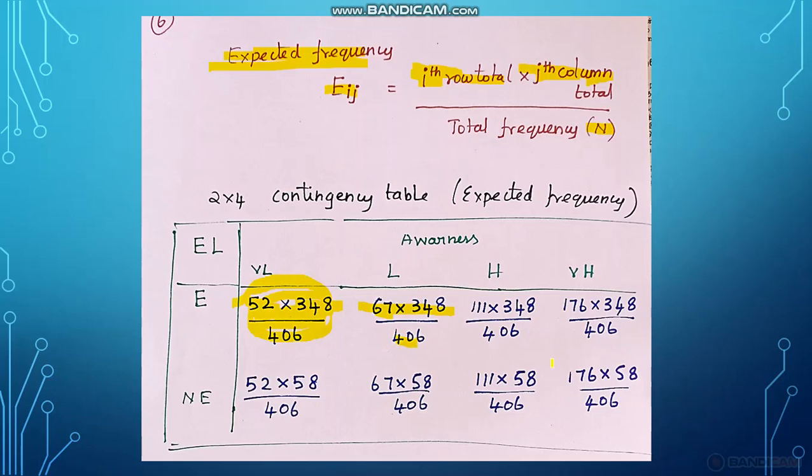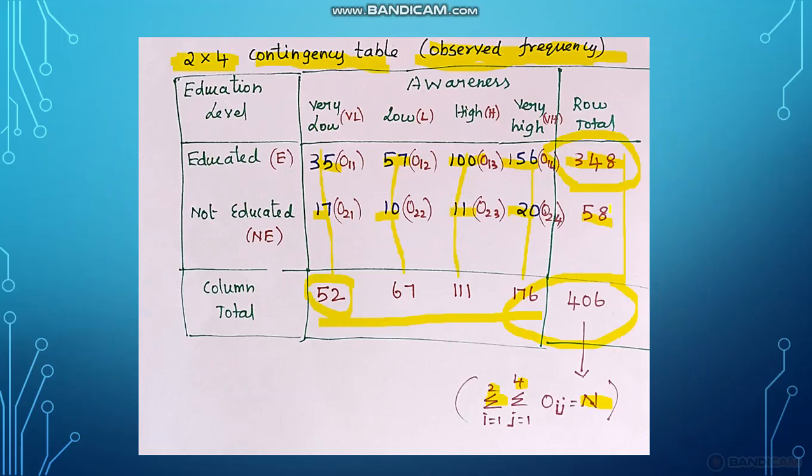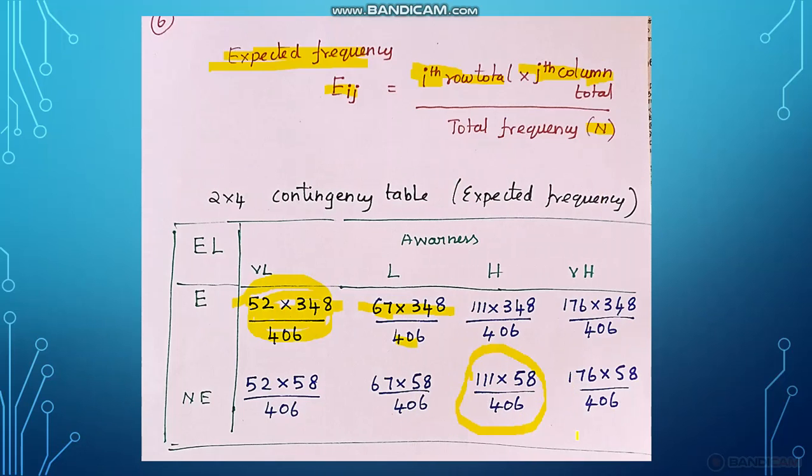Similarly, you want to find the other values. For example, this one is E23. E23 means the second row total. The second row total is 58, so 58 into the third column total.